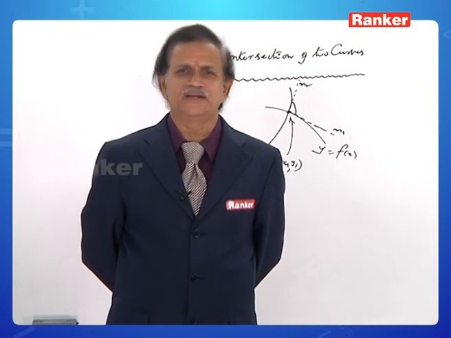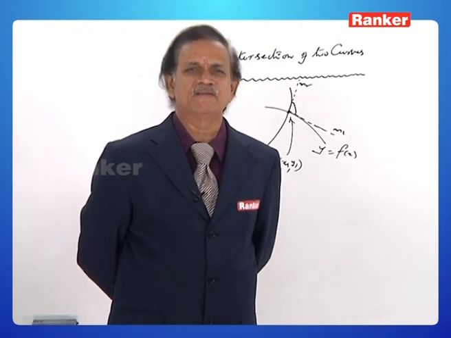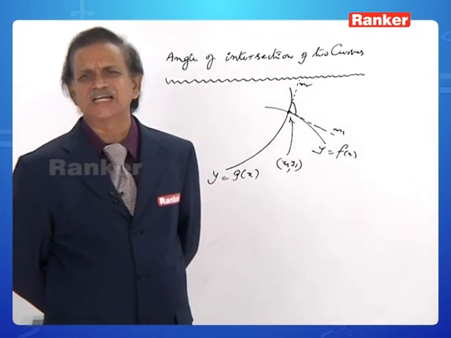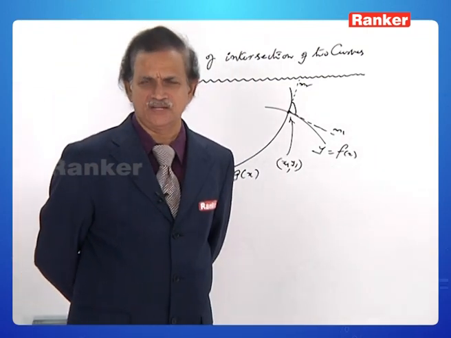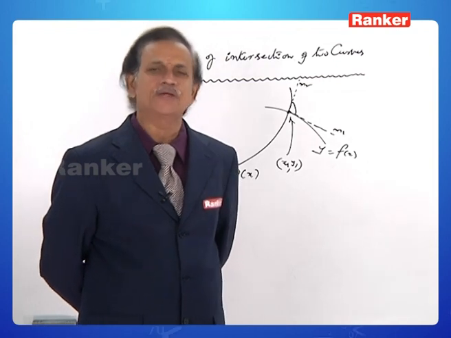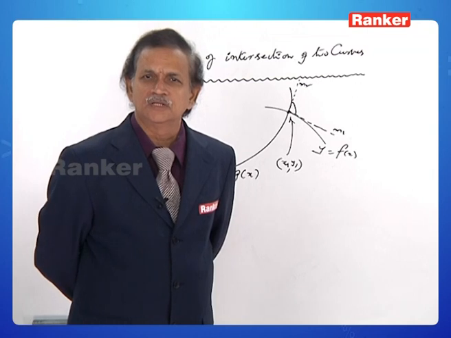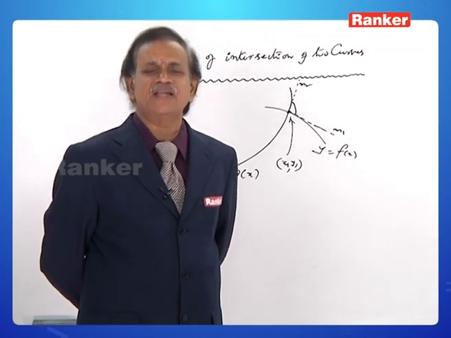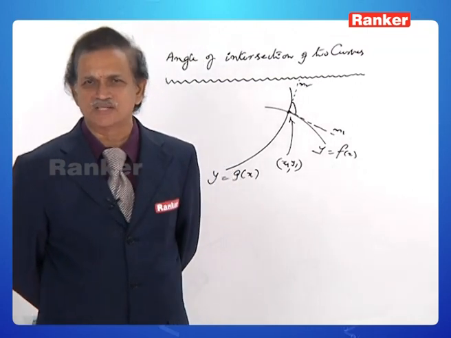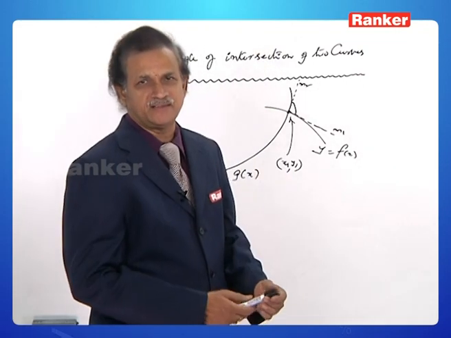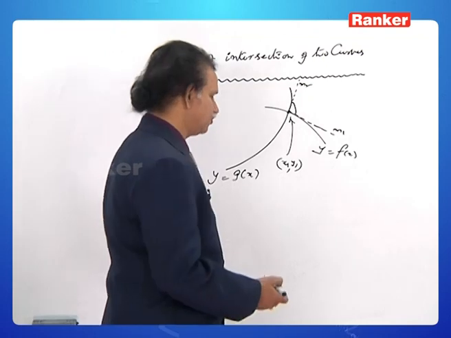Of course, tan theta is equal to m1 minus m2 by 1 plus m1 m2. In most cases we like to consider the acute angle of intersection only, so tan theta is equal to modulus of m1 minus m2 by 1 plus m1 m2, isn't it?